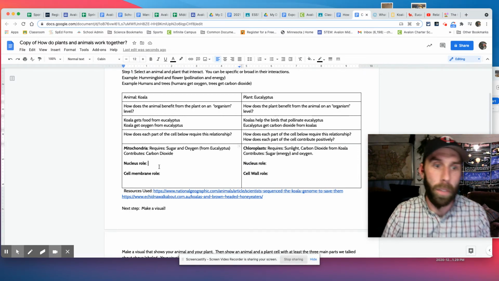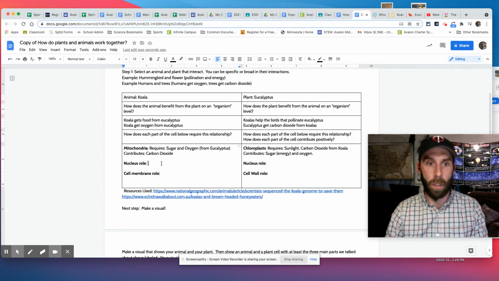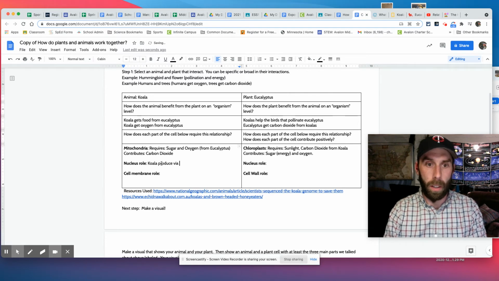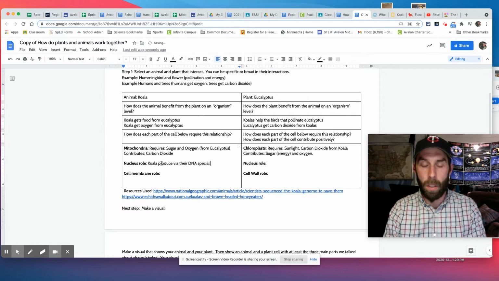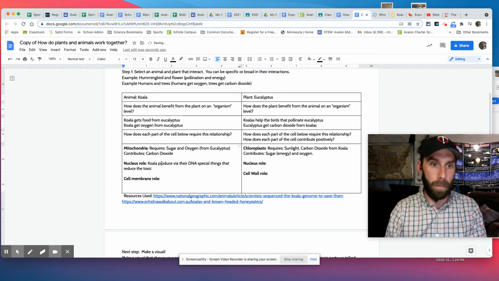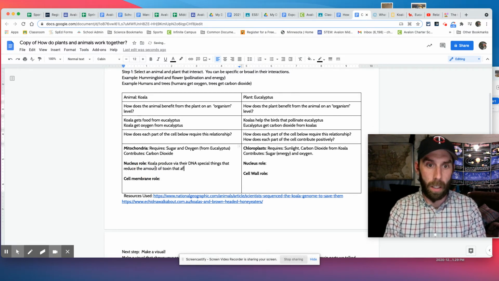All right, next up we have the nucleus role and the cell membrane role. And as I read in my articles, koala produce via their DNA special things that reduce the amount of toxin that affects them.